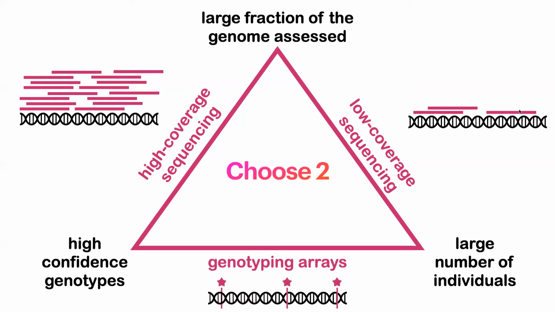But what you sacrifice here is possibly the high confidence genotypes at every single site. There is the possibility that genotypes in a not well covered region between individuals will have lower confidence as a result of this method. And not all the individuals will have the same level of confidence at all the genotype sites.